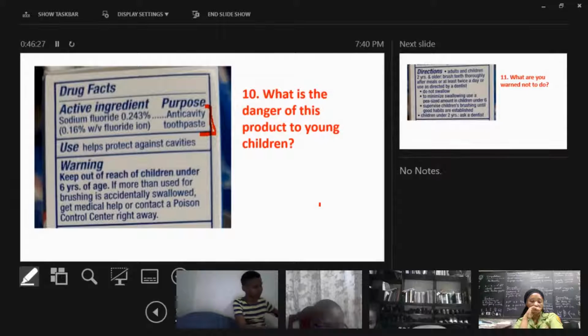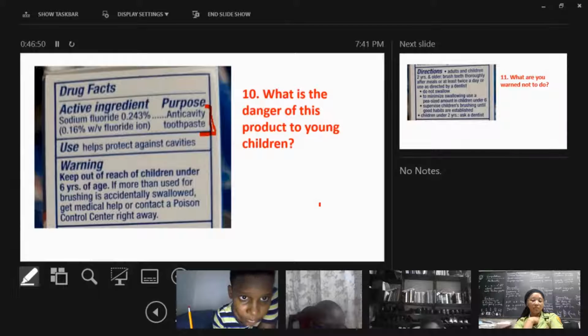Use: helps protect against cavities. Warning: keep out of reach of children under 6 years of age. If more than used for brushing teeth is accidentally swallowed, get medical help or contact a poison control center right away.